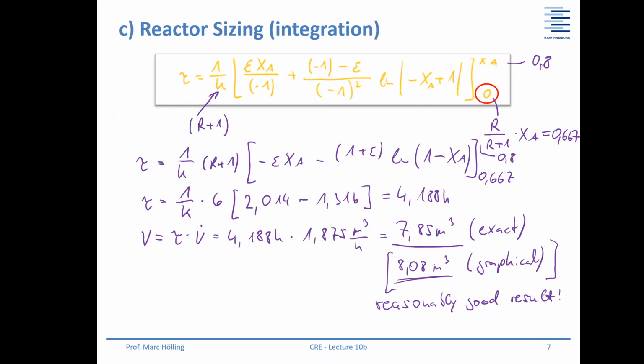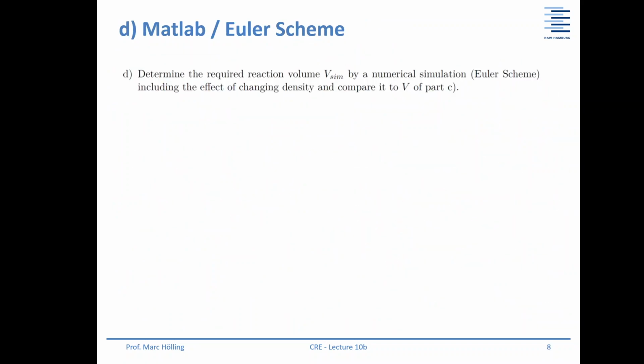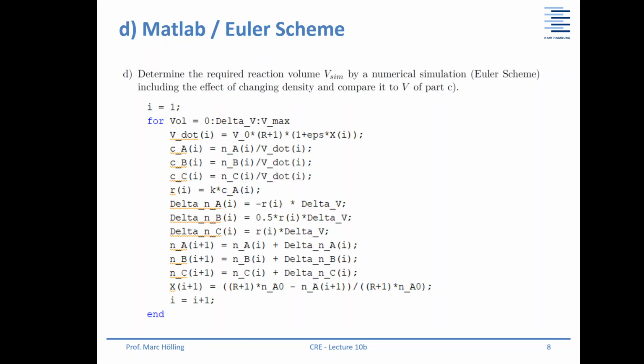Okay, then the last part, determine the required reaction volume, VSIM, by a numerical simulation, the Euler scheme including the effect of changing density, and compare it to the volume of part C. I will show you a new video to make sure that it's not too long here, but I just want to give you the main part of the code already here.